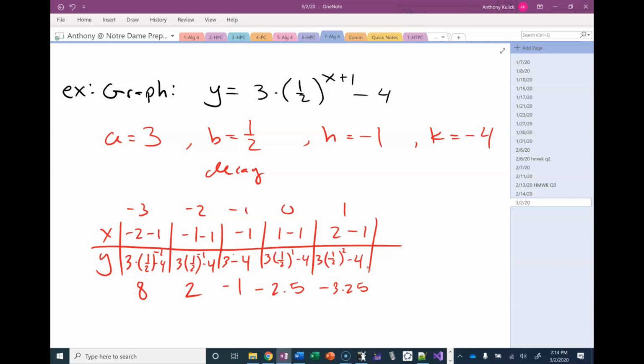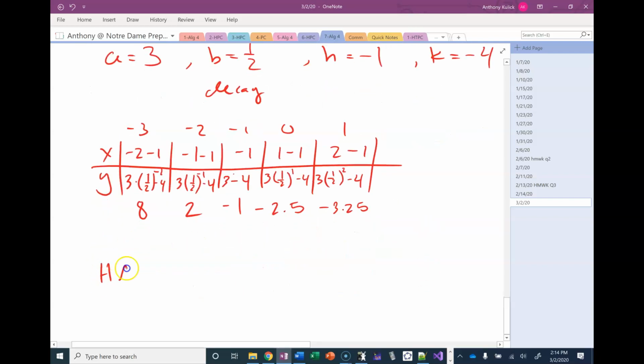All right. Before I draw my graph, let's write down our horizontal asymptote. What's that going to be this time? Y equals -4.